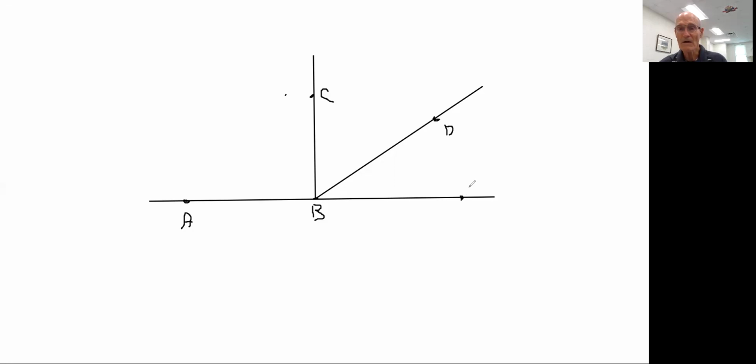Now, there are several types of angles. The first angle we talk about is an acute angle. An acute angle is an angle that has a measure greater than 0 degrees and less than 90.